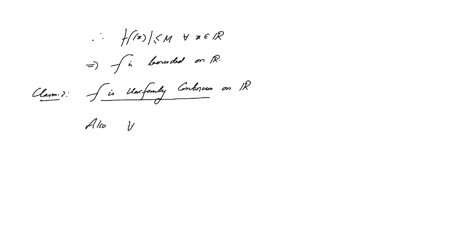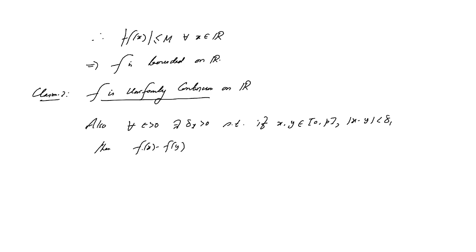For all epsilon greater than 0, there exists delta 1 greater than 0 such that if x, y belong to the closed interval [0, p] with |x − y| less than delta 1, then |f(x) − f(y)| is less than epsilon by 2. Why? Because f is uniformly continuous on the closed interval [0, p]. So this is basically the definition of uniform continuity.